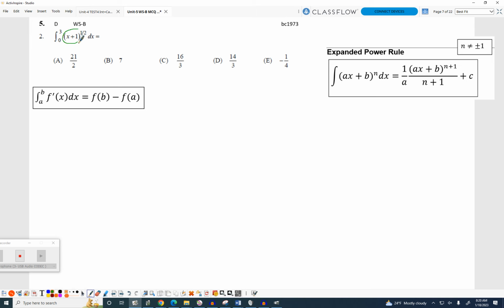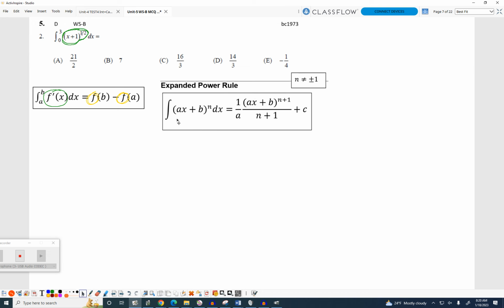The fundamental theorem says if we go find the antiderivative of that formula, we can compute the value of the integral in a different way. So I look at my blue sheet, and I look at this formula here, and I have to find a perfect match. And I find it using the expanded power rule.